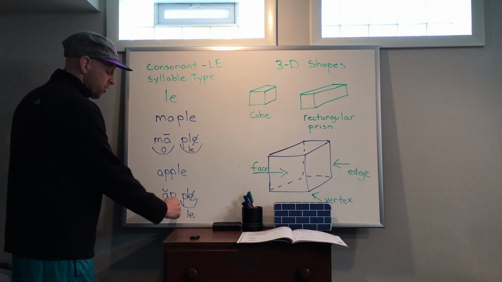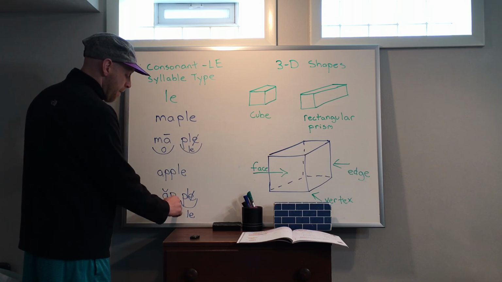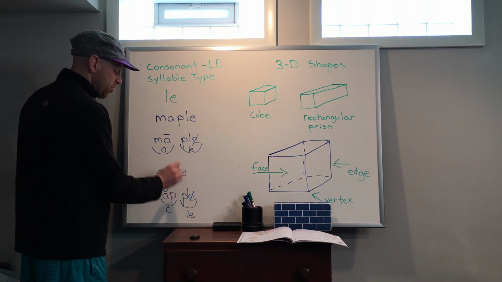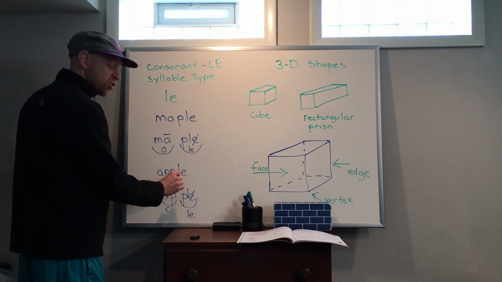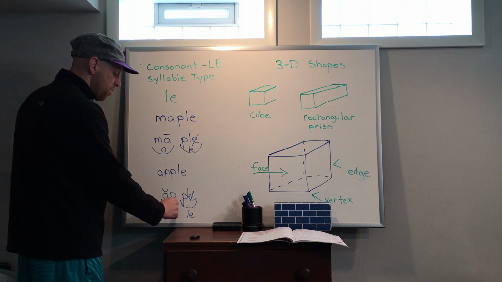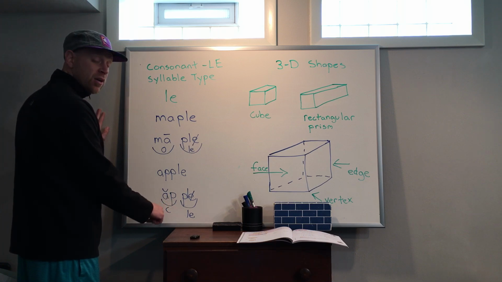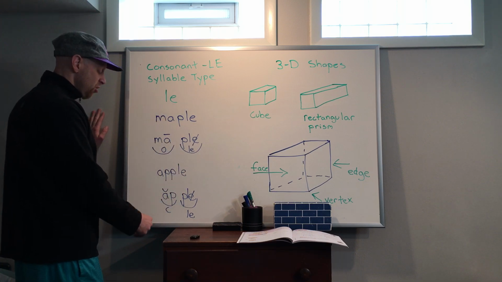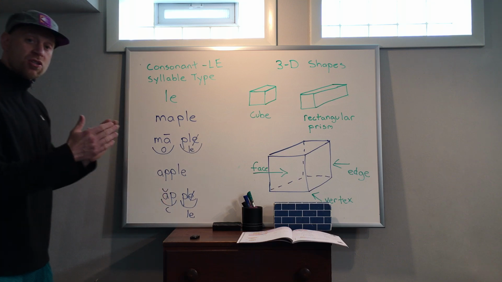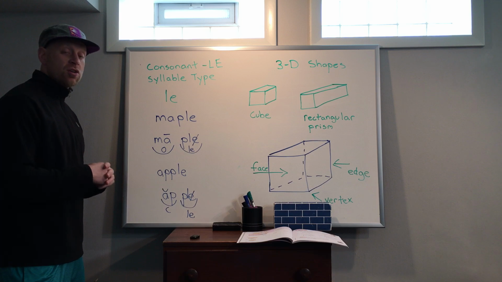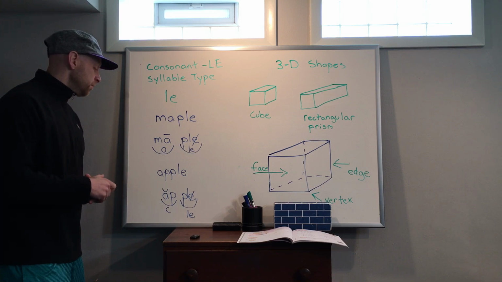So we split the first one right after that first P, especially whenever we have a double P or a double consonant, we're going to split right between it. Apple. So that's a short A, so we give it a breve because it's blocked off by that P. We mark it as a C because it's a closed syllable, because that P is closing off that vowel A, and you don't actually hear the long A, you hear the short A.